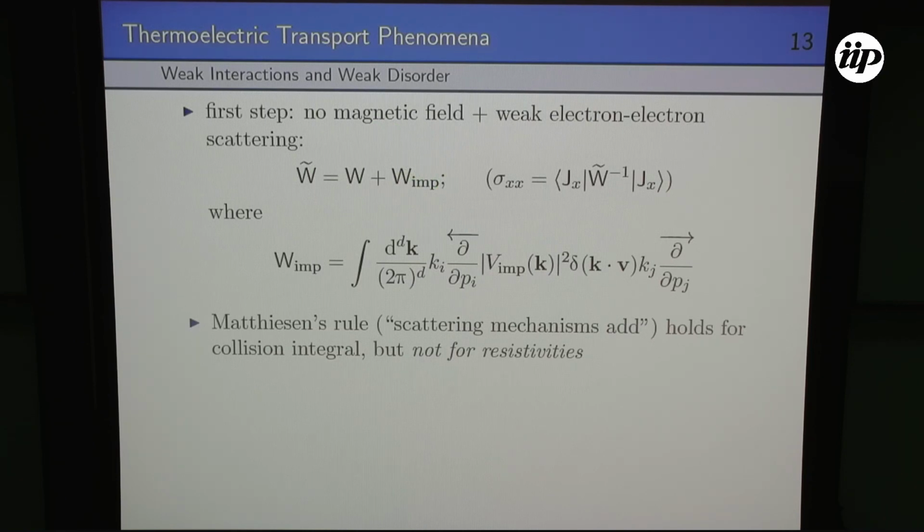So you can no longer make this single relaxation time approximation by the time any of the new physics that I talked about kicks in. So all of this is beyond a single relaxation time approach. But if you turn off the interactions, this recovers the conventional relaxation time methods.